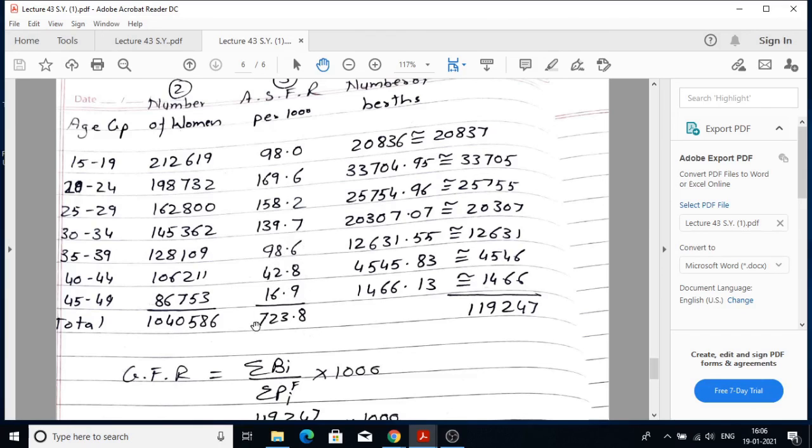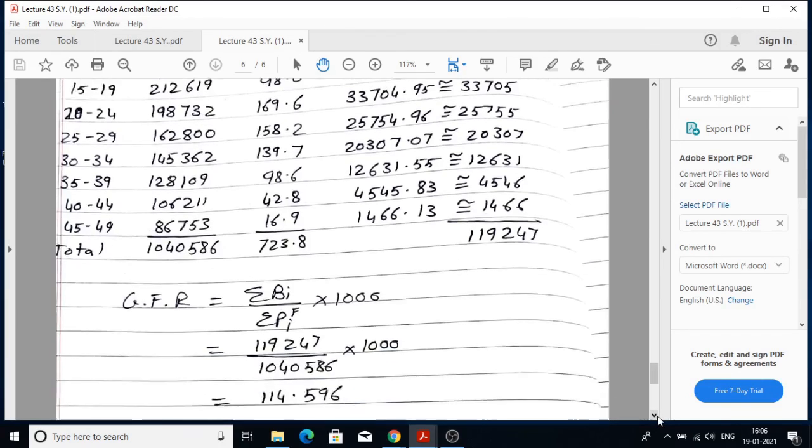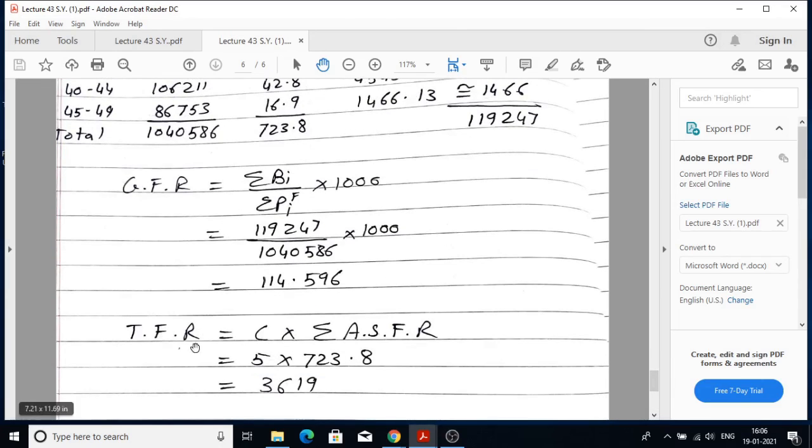So total becomes 723.8. So find out the value of TFR, which is equal to C into summation ASFR. Again the class width is of 5 units multiplied by summation ASFR value is 723.8. So 5 into 723.8. So answer becomes 3,619.